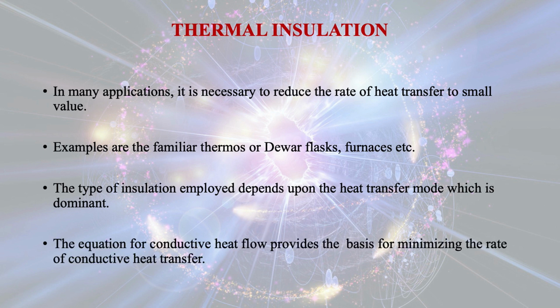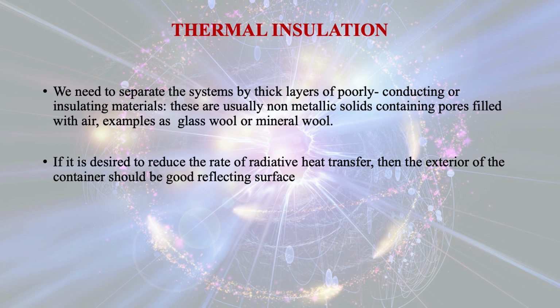The equation for conductive heat flow provides the basis for minimizing the rate of conductive heat transfer. We need to separate the systems by thick layers of poorly conducting or insulating materials. These are usually non-metallic solids containing pores filled with air.